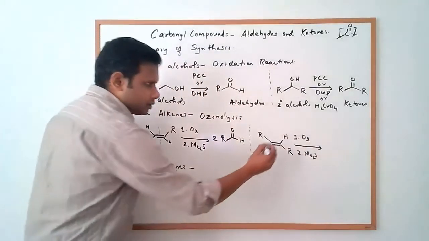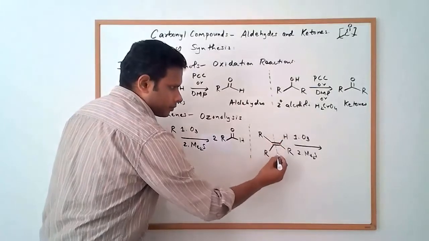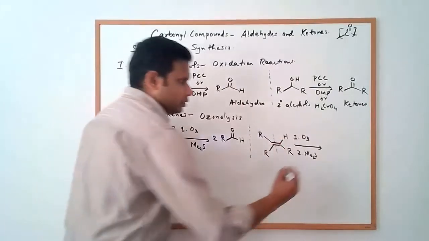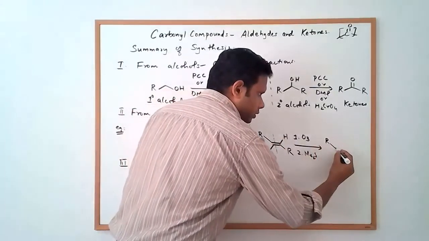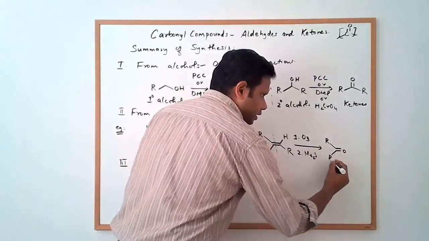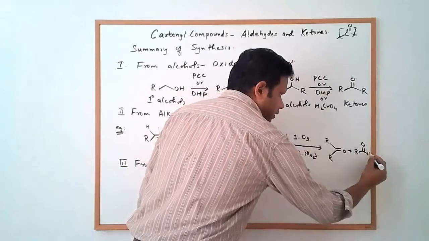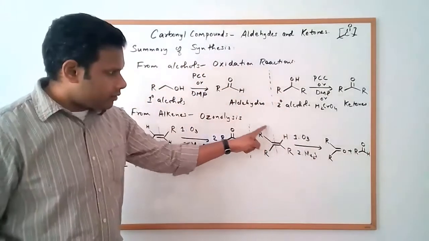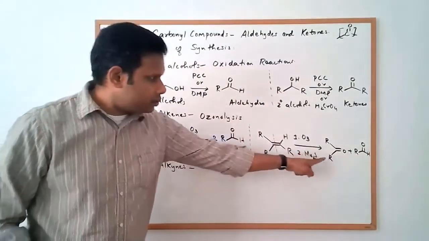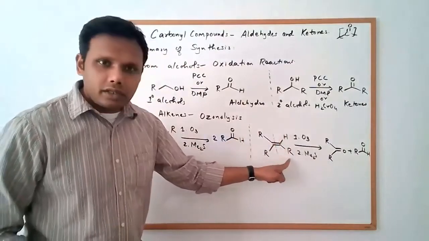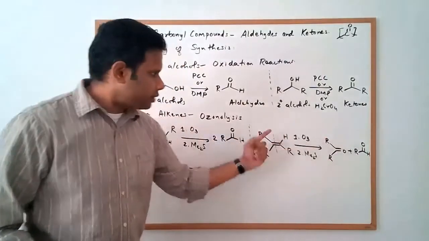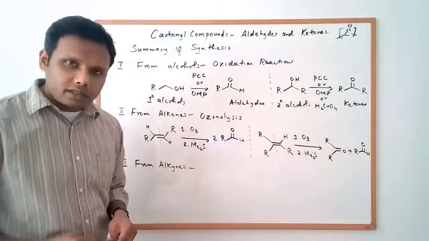This will give us carbonyl compounds again, but our products are going to be a ketone and an aldehyde. Okay, so this half of the alkene becomes a ketone, and the other half becomes an aldehyde because it's a tri-substituted alkene.